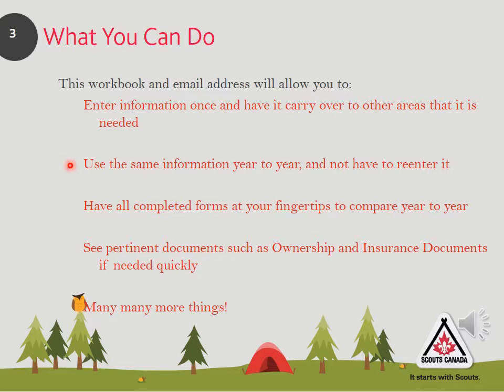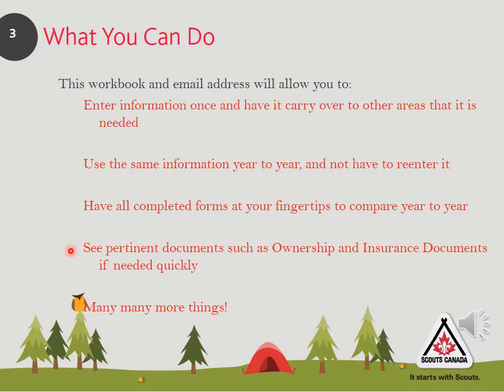So you can just resubmit it, or you don't even have to submit it. You can just save any changes that are needed as they go on. You don't have to re-enter everything. So you're going to have all the completed forms at your fingertips to compare year to year. You're not going to have to flip from your business plan to your continuing business strategy, then back to your finances. It's all going to be pulled together in one document.